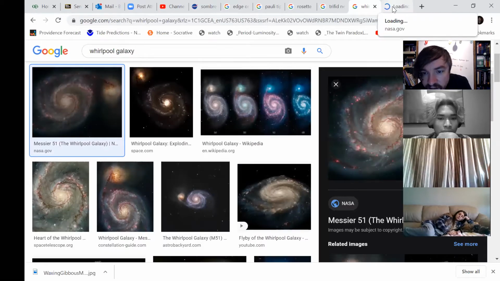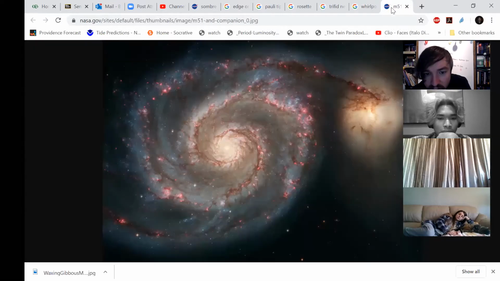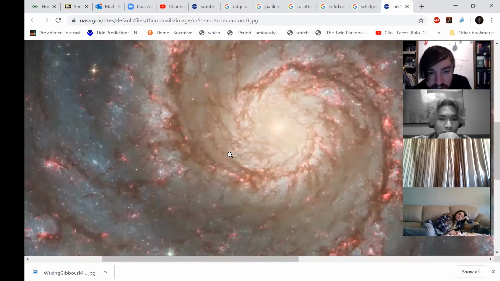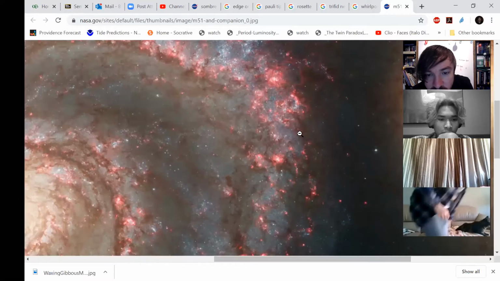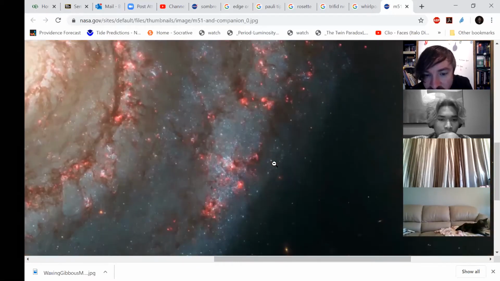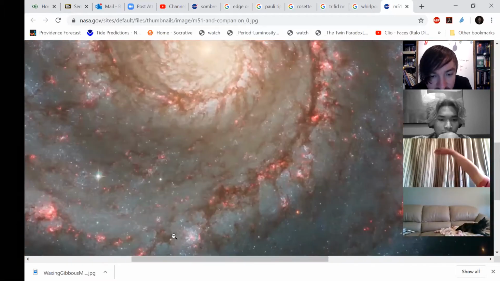And if you look at this picture for the first time, your first thought is that all of these little red bubbles that you're seeing are stars. But when you look at a picture of a galaxy, you're looking at much too great a volume of space for you to see any individual stars. One cannot see individual stars at the scale of a galaxy photo. All of those little bubbles that you see are all H2 regions, just like the Rosette Nebula.